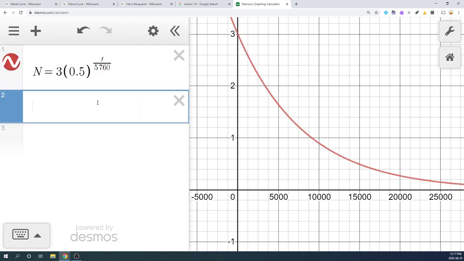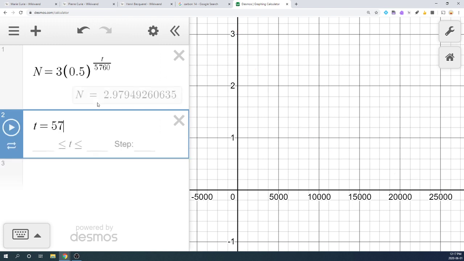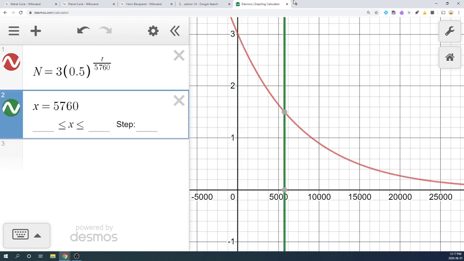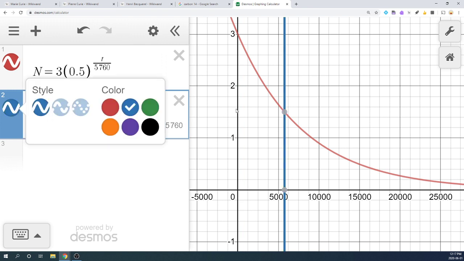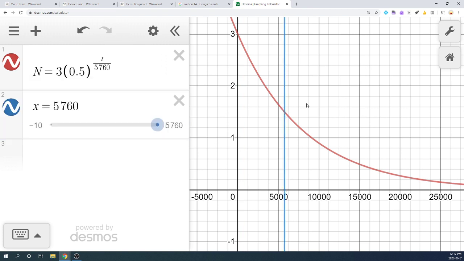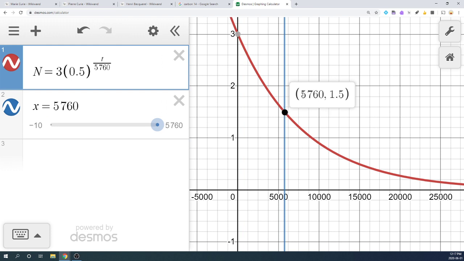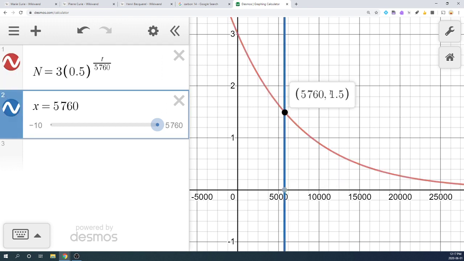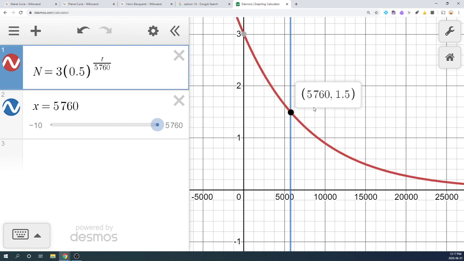So let's actually see if we say T is equal to 5,760. We'll go X is equal to 5,760, so we can get that nice intersection. We'll make this a different color because I feel like it. And after 5,760 years, if we started with 3 kilograms, we'd have about 1.5 kilograms, you can see there.